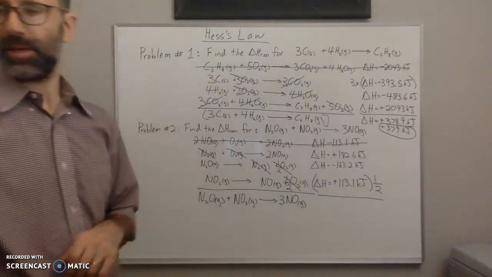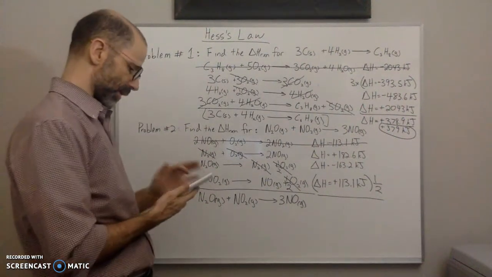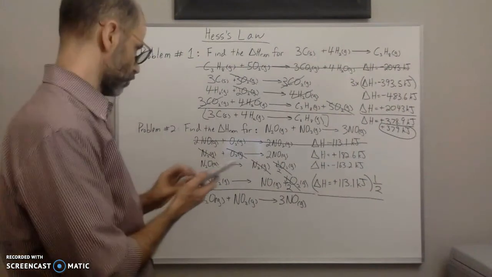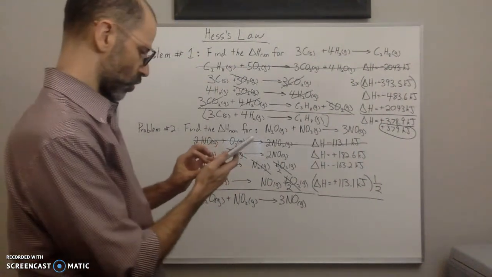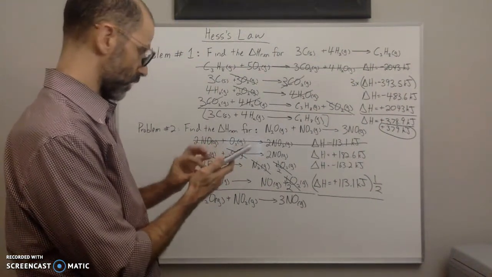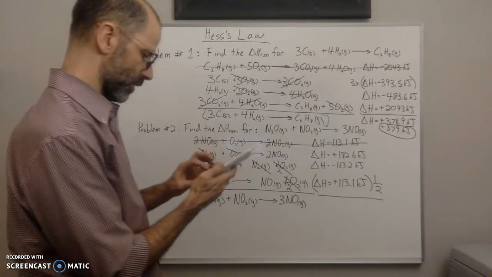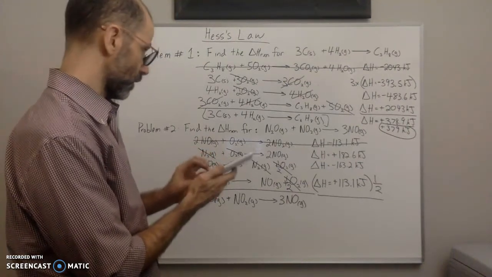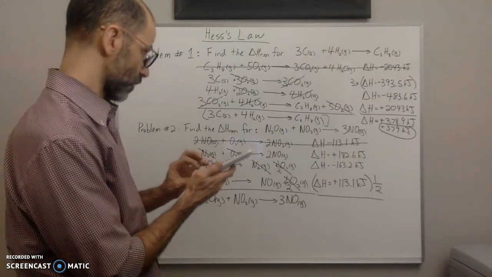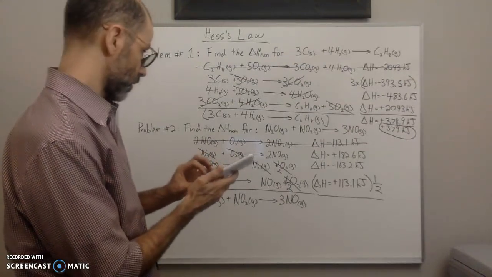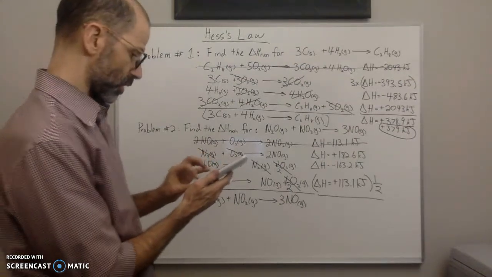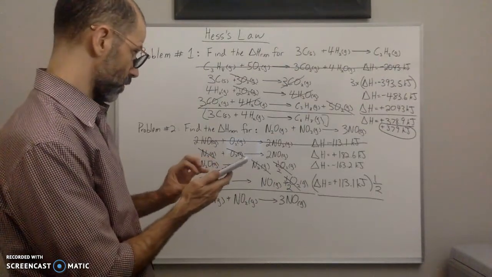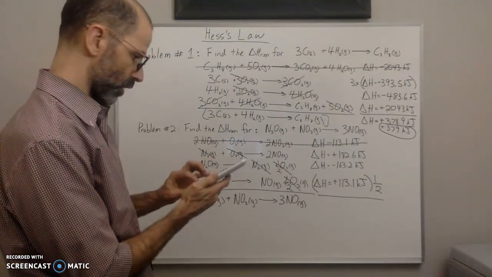And when I add them together, I get 182.6 plus negative 163.2, and that's going to be 113.